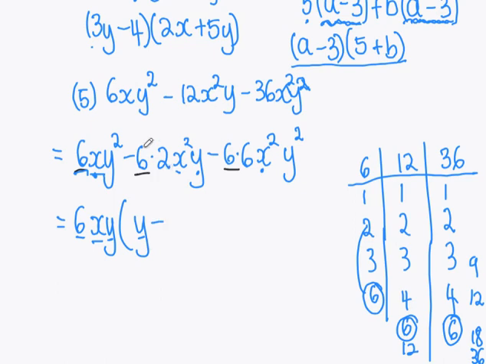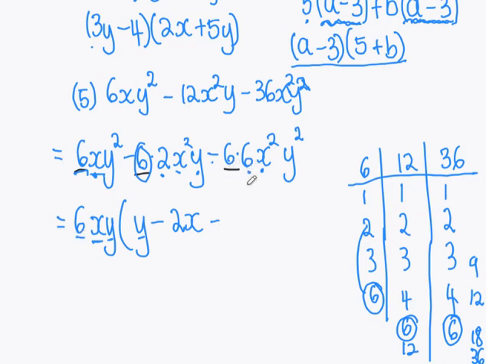Minus, because the 6 is gone as a common factor, we're left with the 2 here. And then we took one of the x's out here, we're left with an x. And then the y is gone out as a common factor, so we've got nothing else to add there. Minus, and then 6 is a common factor, so that's gone.